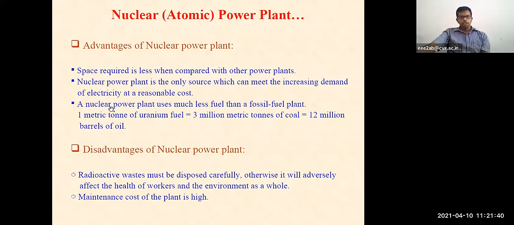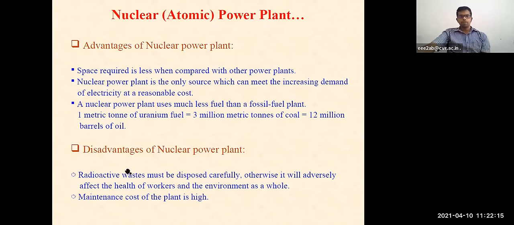Also, a nuclear power plant uses much less fuel than a fossil fuel plant. 1 metric ton of uranium fuel is equivalent to 3 million metric tons of coal, which is nothing but 12 million barrels of oil.